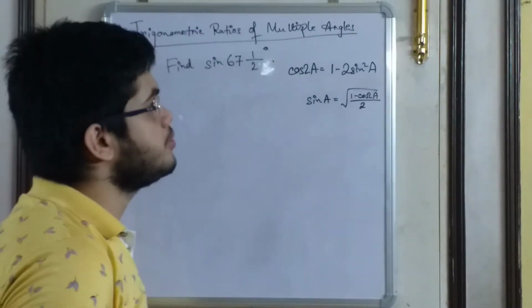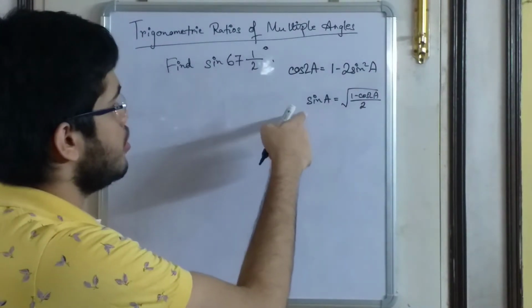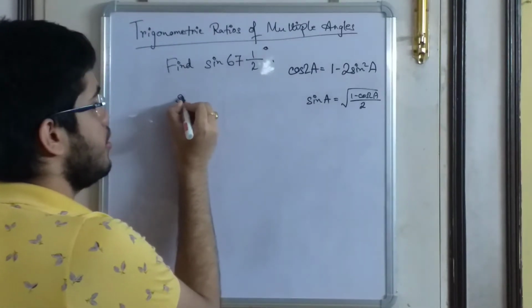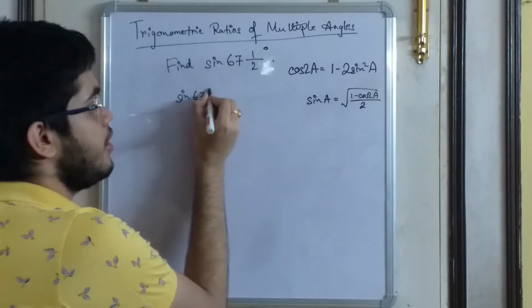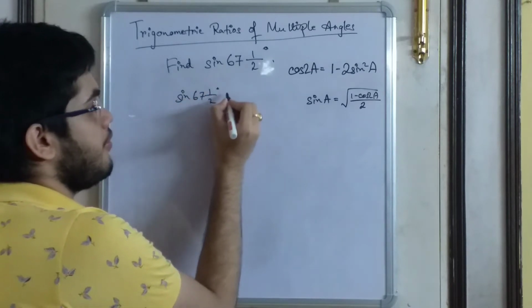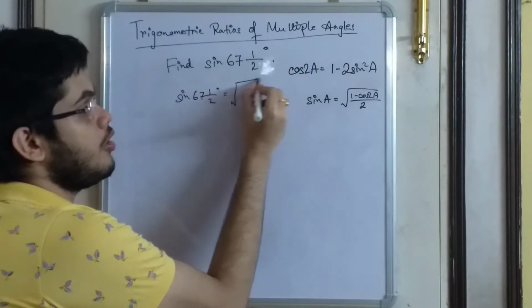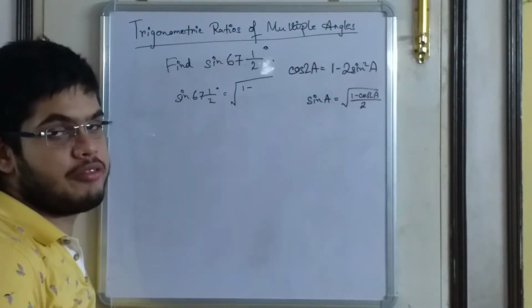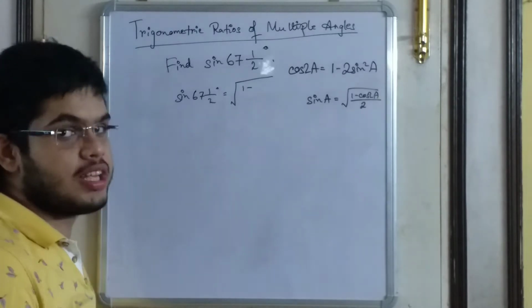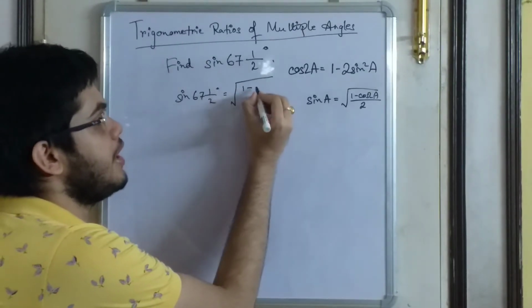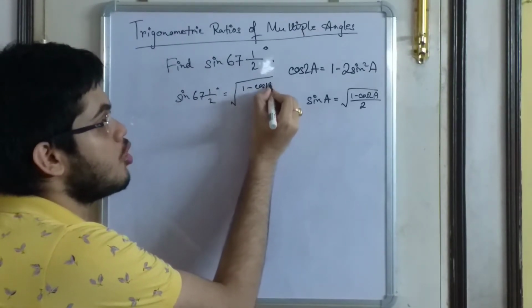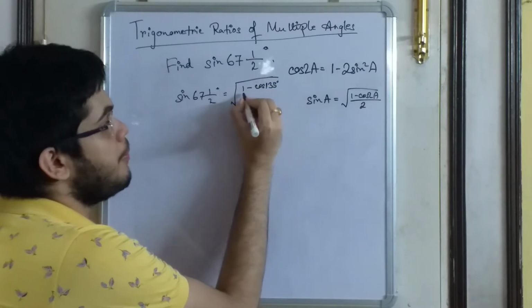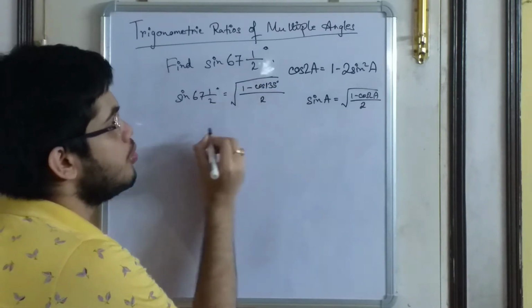So sin 67.5 degree we can write as root over 1 minus cos of the double of 67.5 degree, which is 135 degree, by 2. So root over 1 minus cos 135 degree by 2.